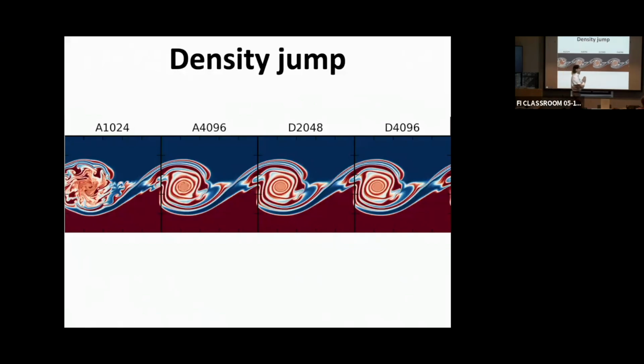I'm going to assume that this resolution is our closest approximation to the true intrinsic solution of this problem, and we've shown in various ways that it's a good approximation. So we're going to compare each of these simulations to this one.